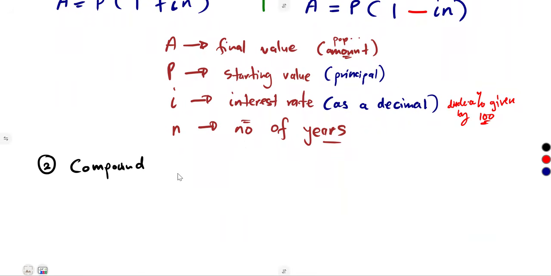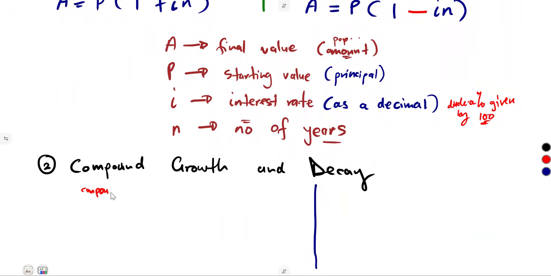It can be compound growth, which is where there is an increase, or a decay, just like what we saw previously on our formulas. So the first one is going to be compound growth. Thus, there is an increase.